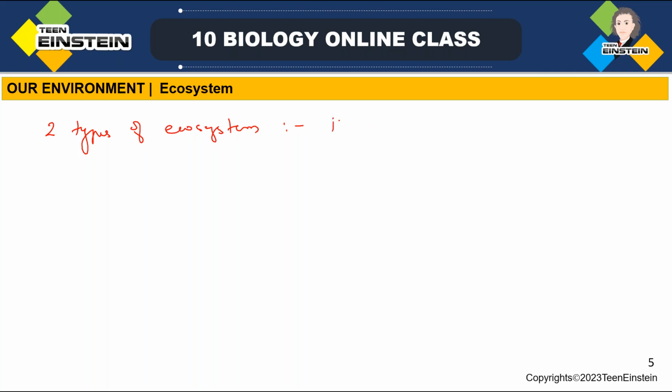Okay, one is natural ecosystem, then artificial or man-made ecosystem.